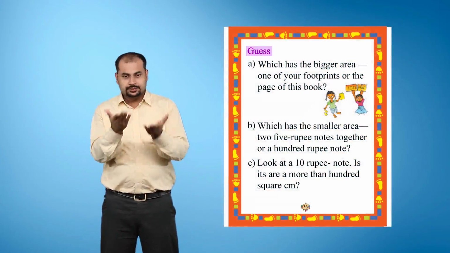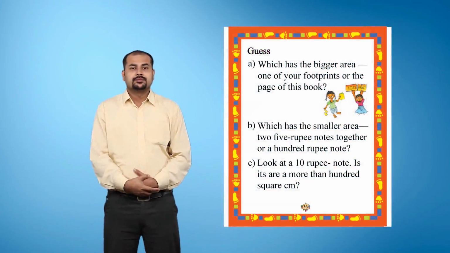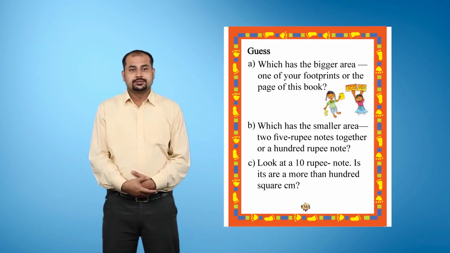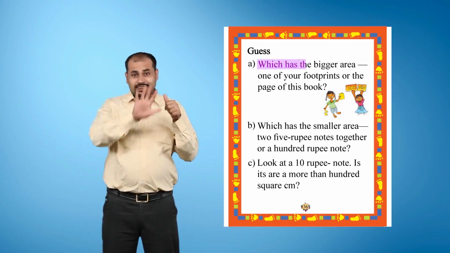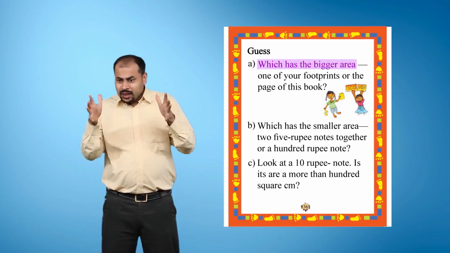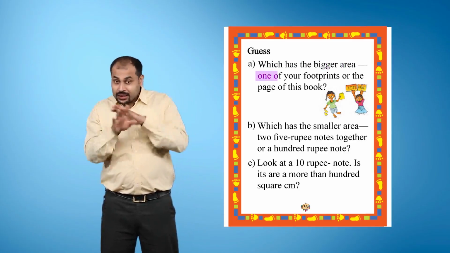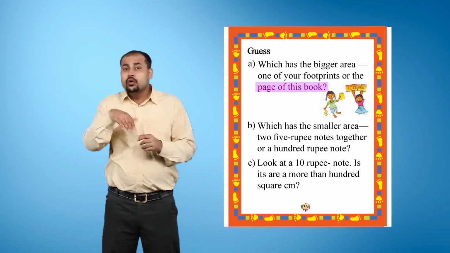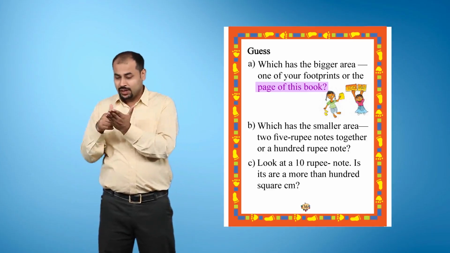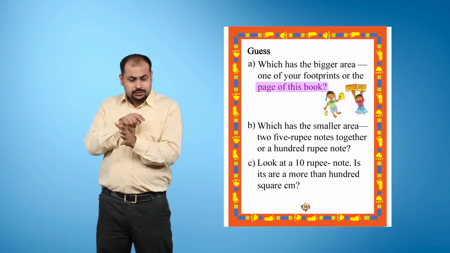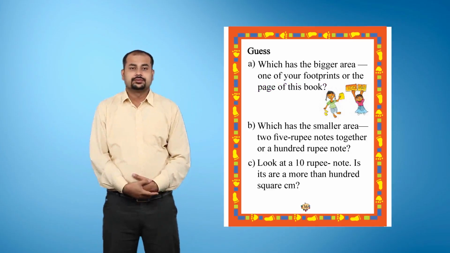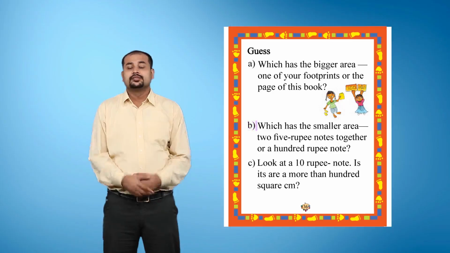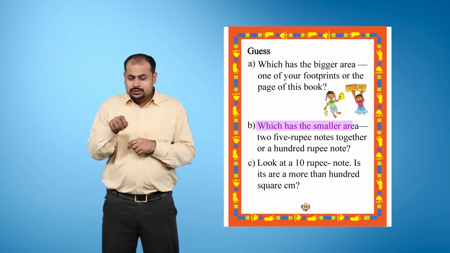Guess. A. Which has the bigger area? One of your footprints or the page of this book? B. Which has the smaller area?